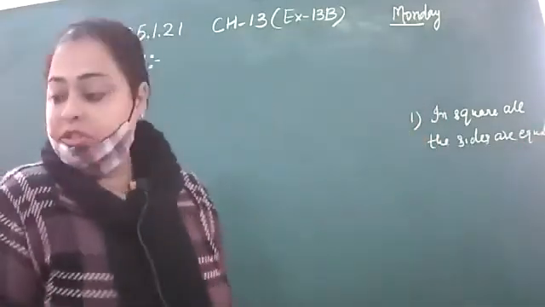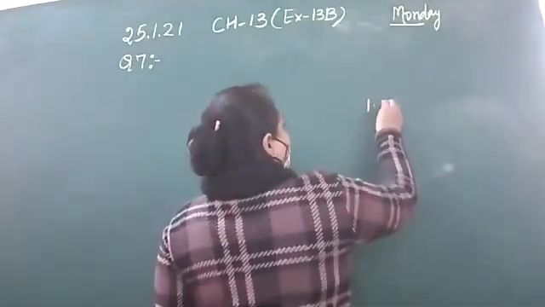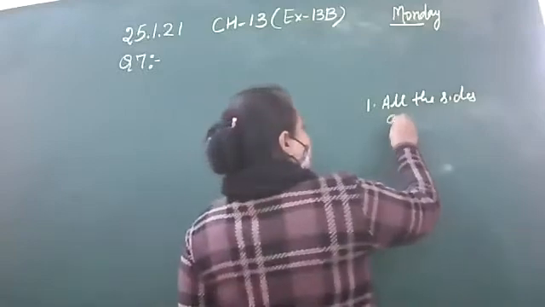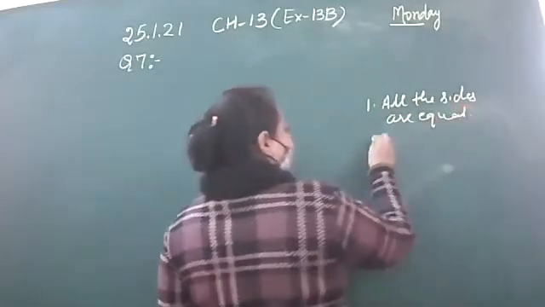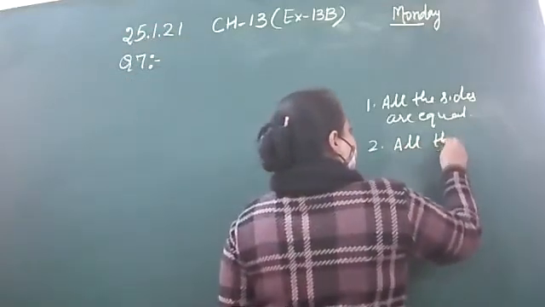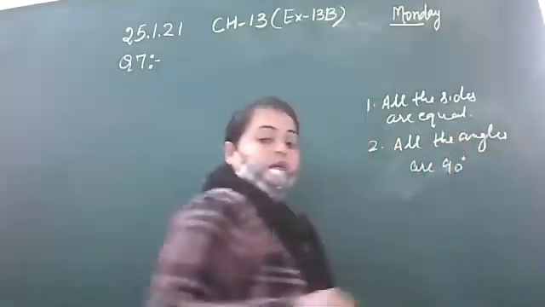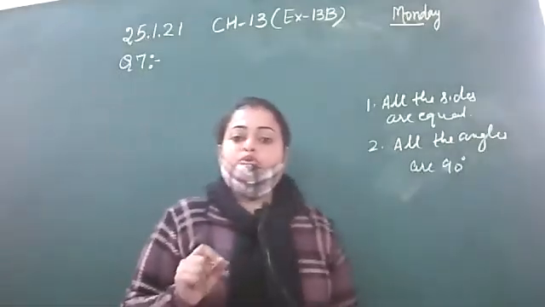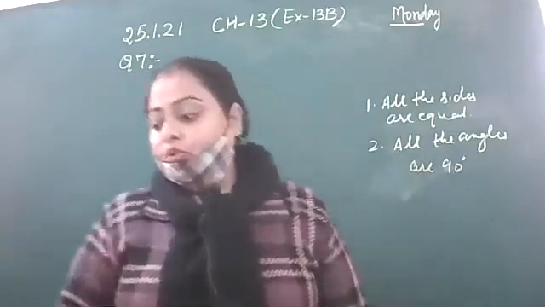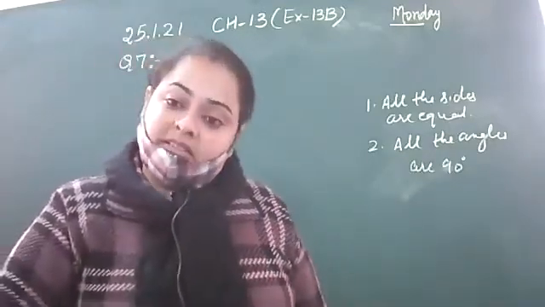The second property is, all the angles are 90 degree. To solve this sum, you will use both properties. And the information given in the book is, each side measures 5.9 centimeter.